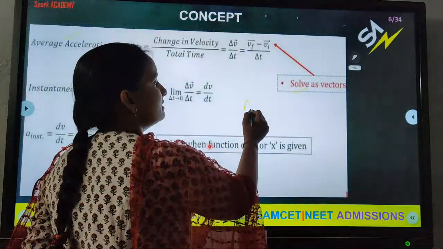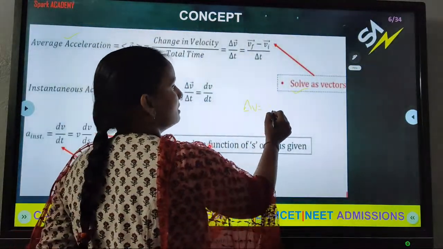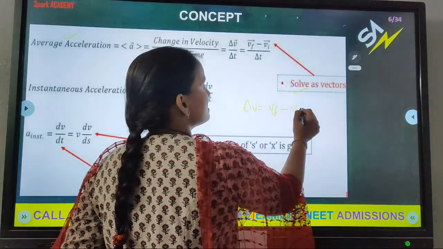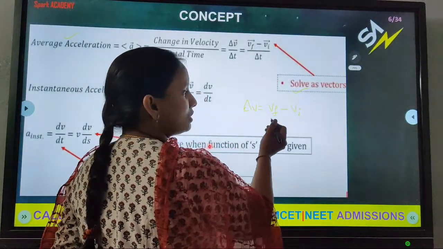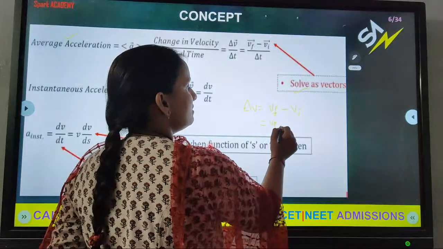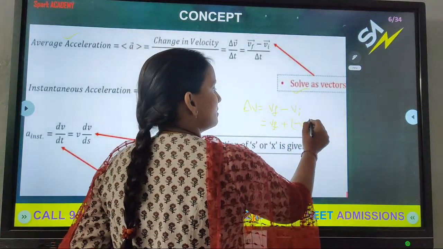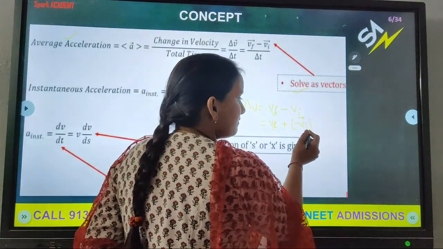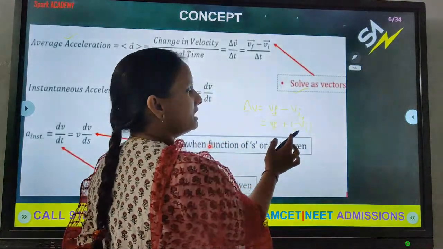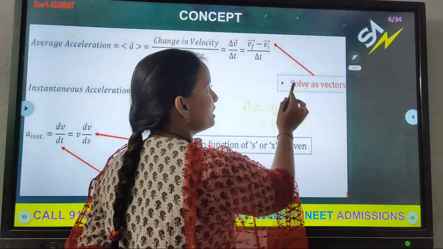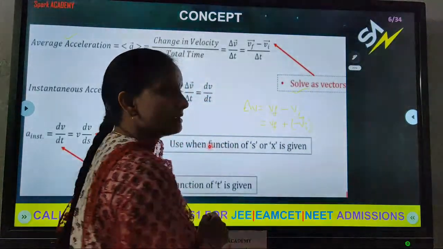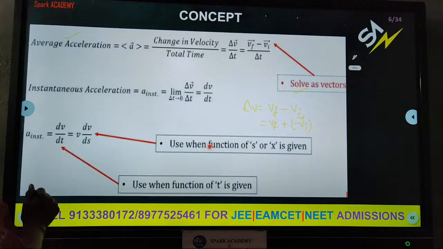See here, delta V is given by final velocity minus initial velocity. Velocity is a vector, so this can be written as final velocity plus the initial velocity vector, taking the negative vector. So you need to solve the acceleration by following the law of vectors.